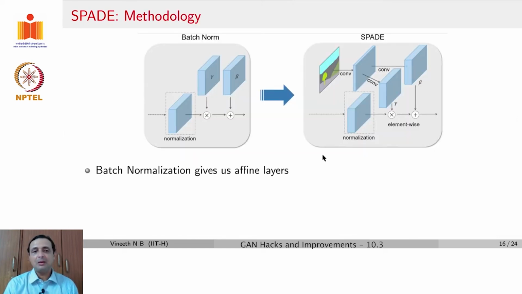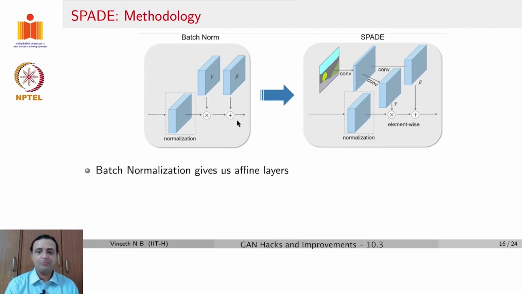In the standard batch normalization layer, you could look at the output as going through an affine transformation. You scale the value and add a constant, which is the standard batch norm operation, where you multiply a value by gamma and add a beta.